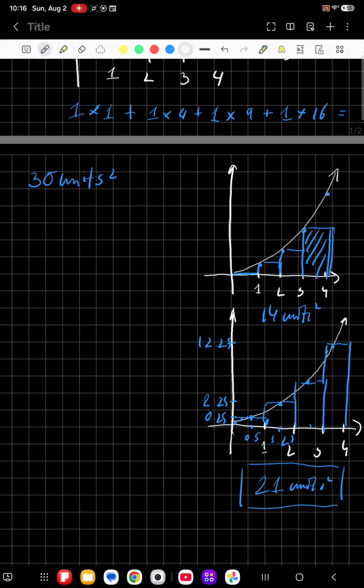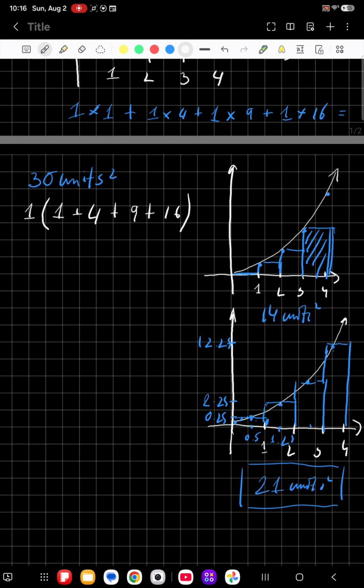So that 1, now let me show you that. So that's that base, and here I have this 1 plus 4 plus 9 plus 16. I should have written it a better way, nicer. Okay, so that width is 1, and then we have those heights, 1 plus 4 plus 9 plus 16.